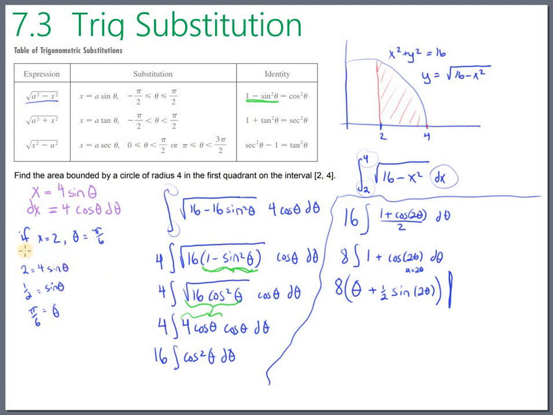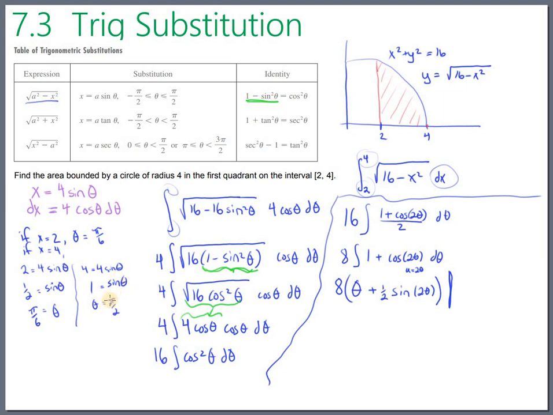And you can do the same thing. You can say if x is 4, plug 4 in up here. You get 4 equals 4 sine theta, so you get sine theta equals 1. And that happens when theta is pi over 2.